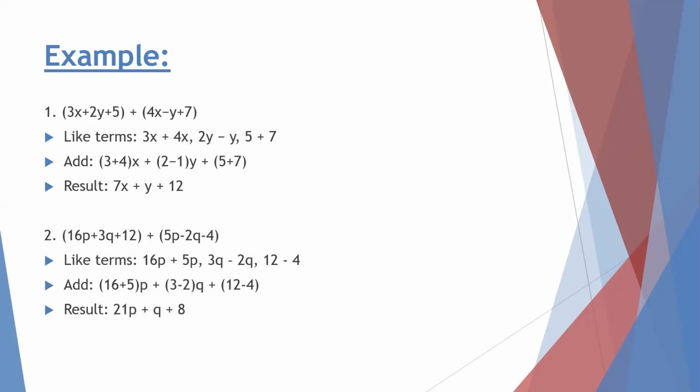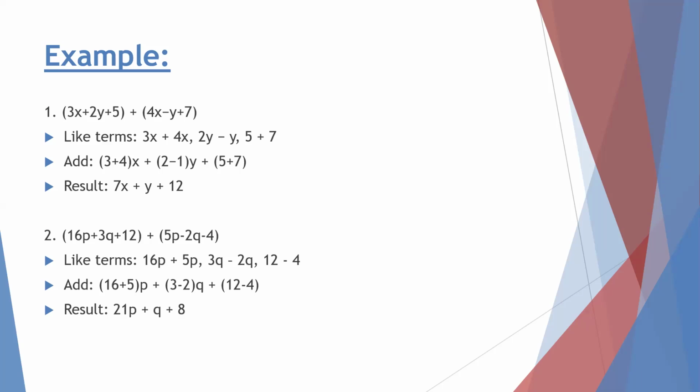Let's see the second example. 16p plus 3q plus 12 whole, added to 5p minus 2q minus 4. So here the like terms are what? 16p and 5p. Then 3q and minus 2q, correct. And the last one is 12 and minus 4.